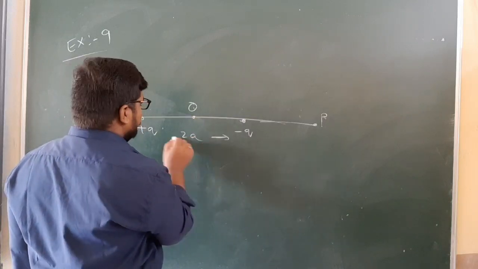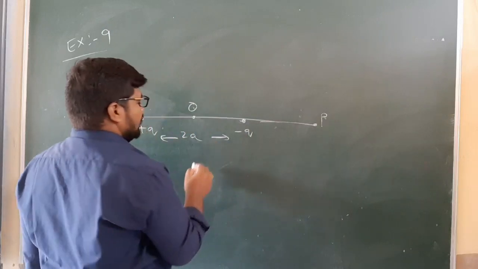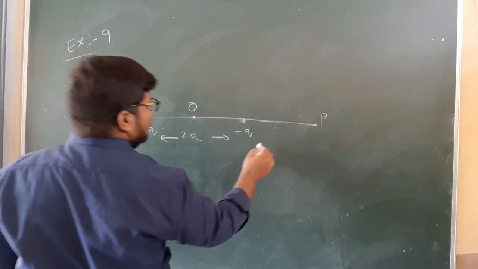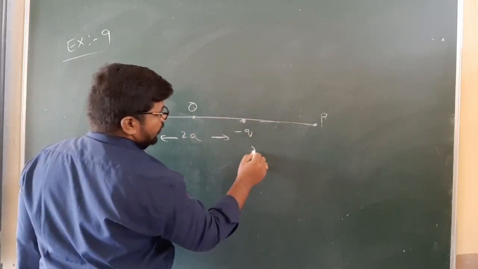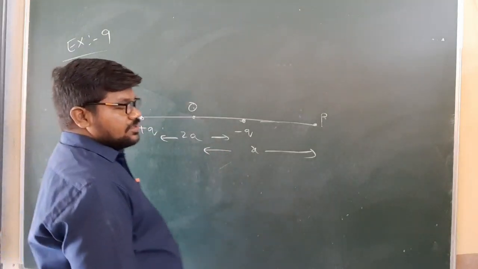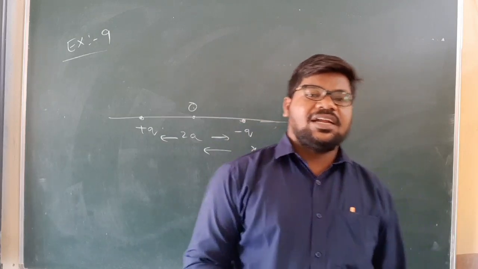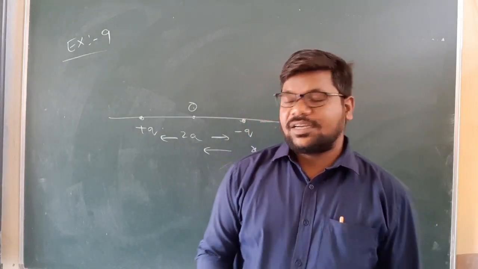Separation distance is 2a, and from the center to any point P is x. We have to calculate the electric potential at P.